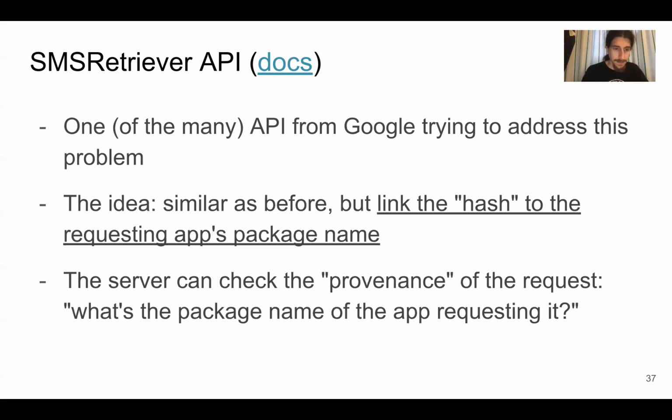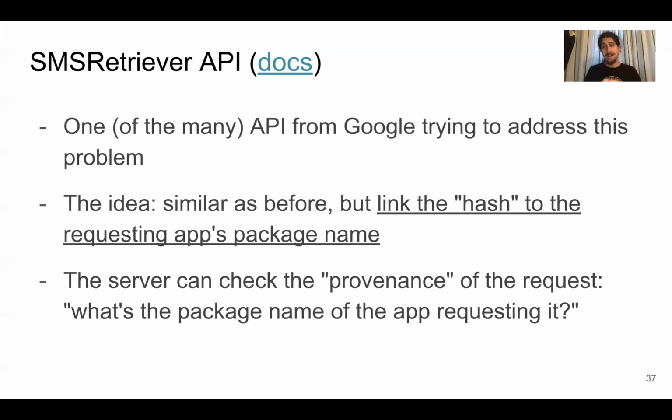Okay, and then the idea is that it's done in a way so that the server can check the provenance of the request, by, for a given hash, trying to understand what is the package name of the app that actually requested this token. So if you are WhatsApp, you can ask for this token, you get a hash.